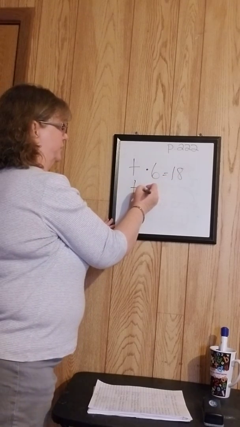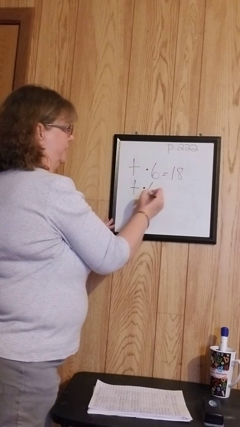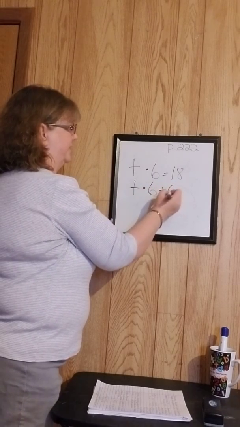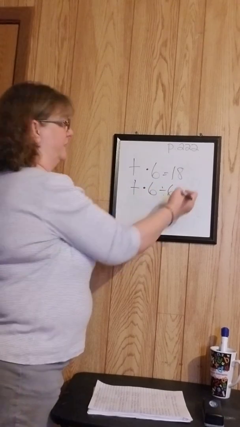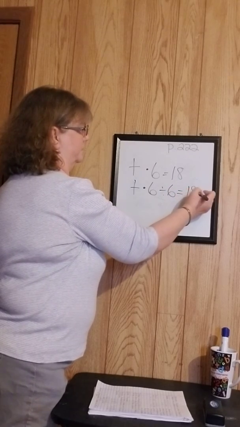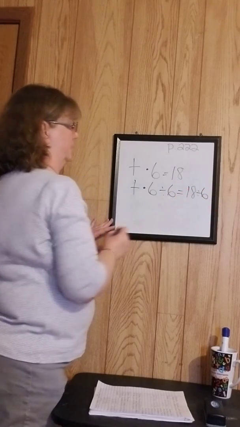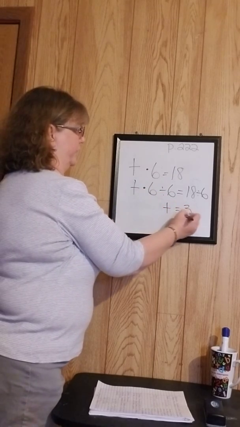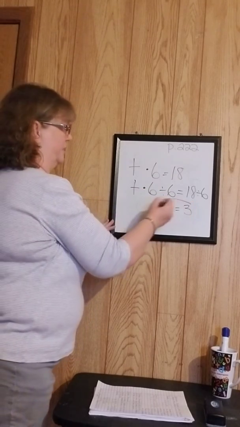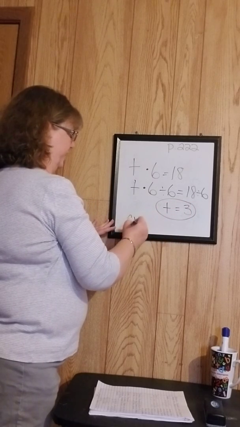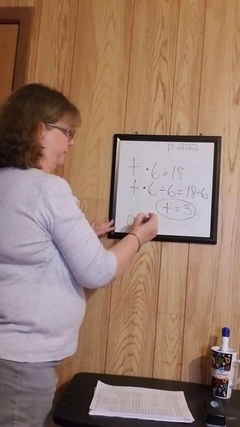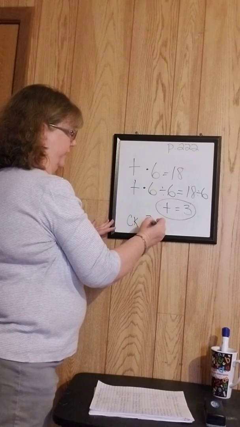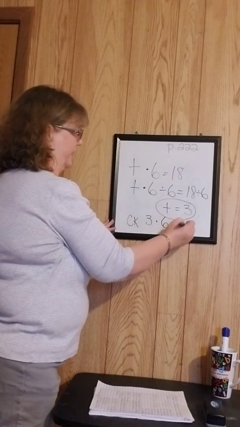I'm going to divide by 6 to move it to the other side. In this case, t is going to equal 3. This is my answer. When I check it, I put 3 for t times 6 equals 18.